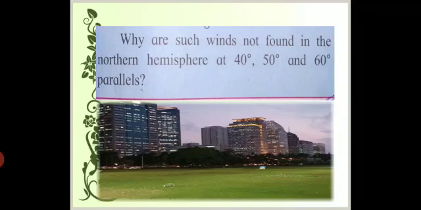Whereas in the northern hemisphere, there is land surface, and hence there are many obstacles due to which such winds are not found in the northern hemisphere at 40 degree, 50 degree and 60 degree parallel. So children, isn't it very easy to remember?